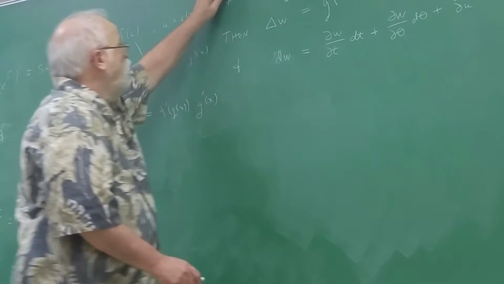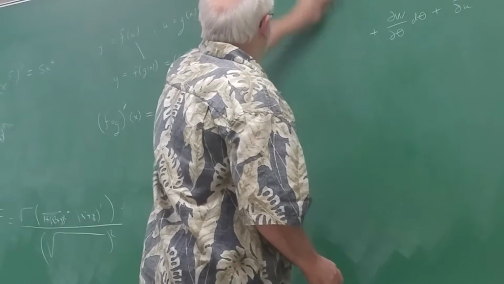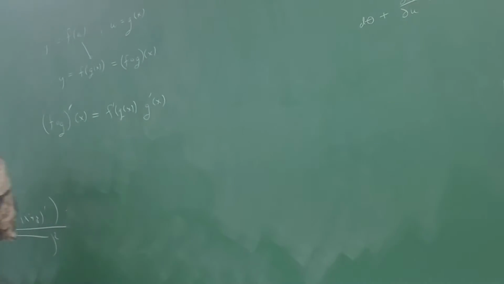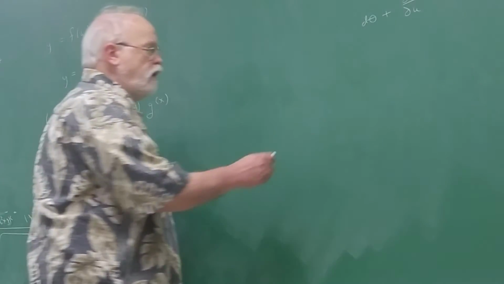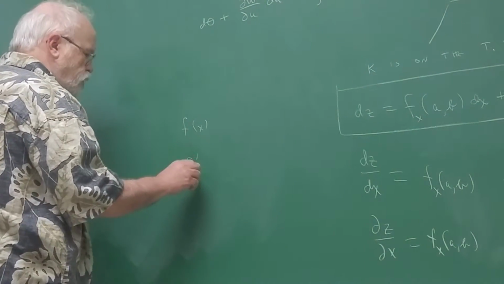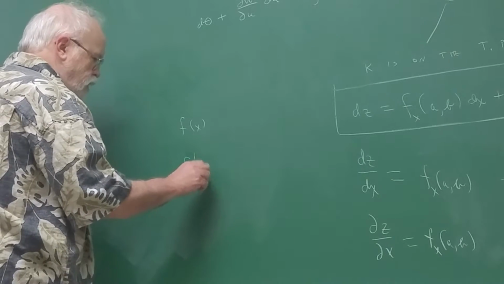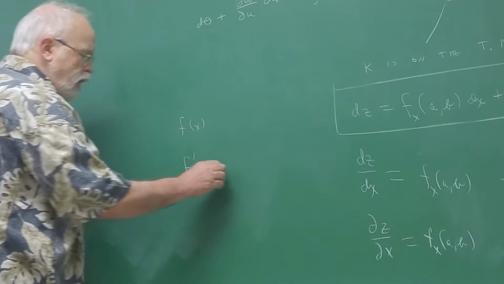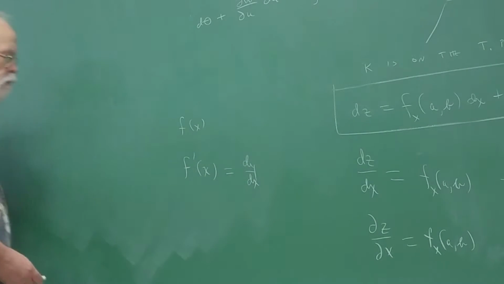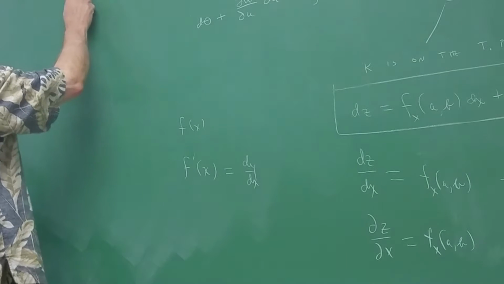So, we look at this here. We started out a while ago with f of x. And the Leibniz notation for f prime of x, this is the Lagrange notation, but the Leibniz notation was dy dx. So, we've got a different situation here. u equals g of x.